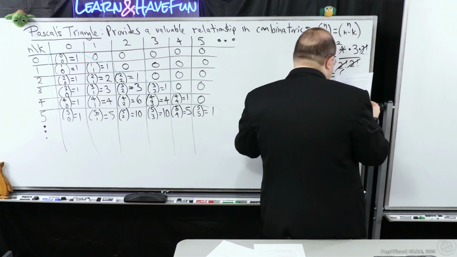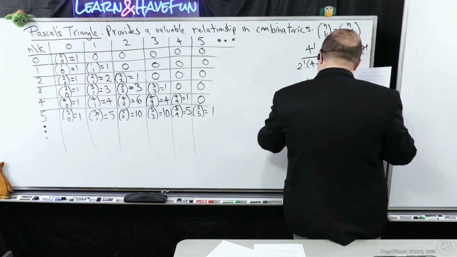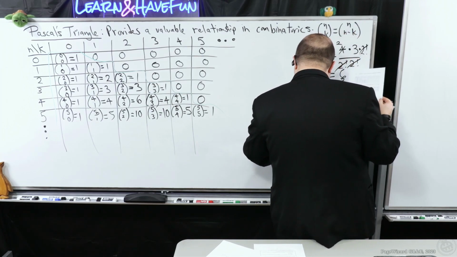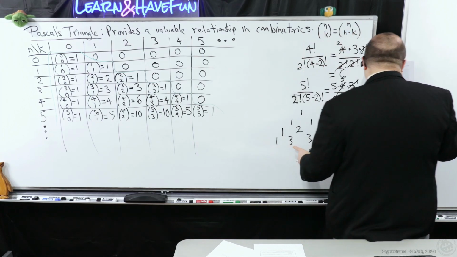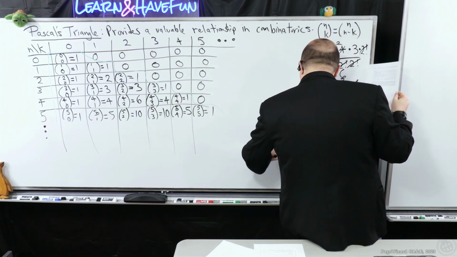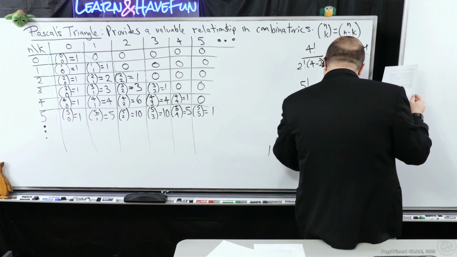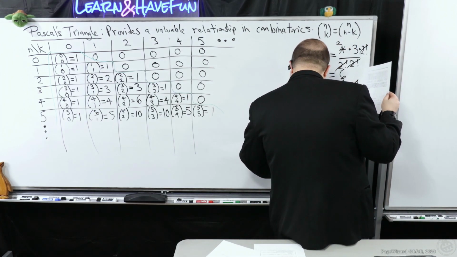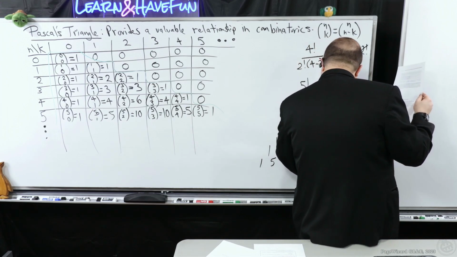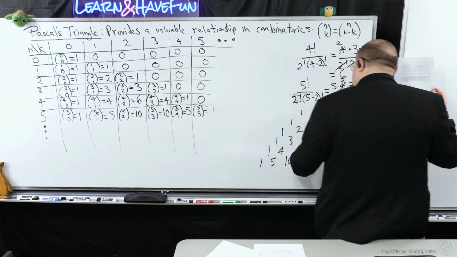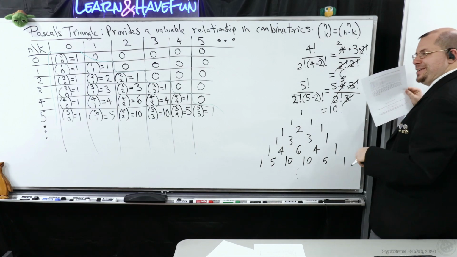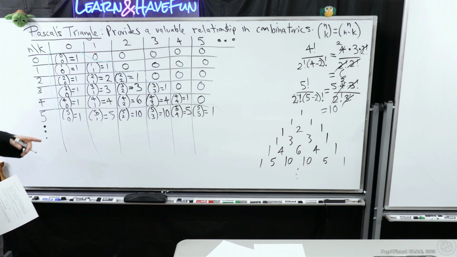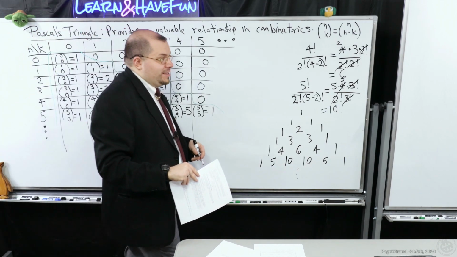It'll be 1, 1, 1, 1, 2, 1, 1, 3, 3, 1, 1, 4, 6, 4, 1, 1, 5, 10, 10, 5, 1. And it keeps going on forever downwards to whatever size you would like. So sometimes people will just write Pascal's triangle out like that.